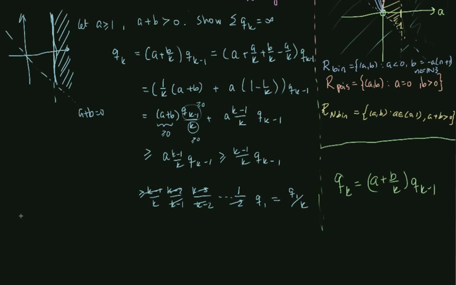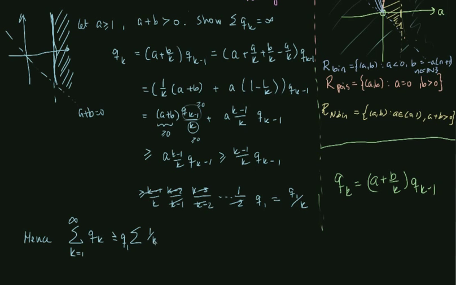And this is nice because now I have found a lower bound for QK in terms of K. And this means that if I want to sum my QKs, at least for K equal to 1 up to infinity, I do not have the 0 with me, but that's okay, because if this is greater than infinity, then with the Q0 term, it will also be greater than infinity. So this is greater than or equal to Q1 divided by K, and I can just move out the Q1 here.